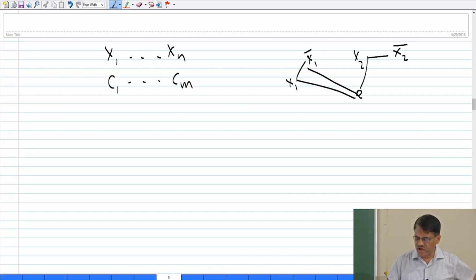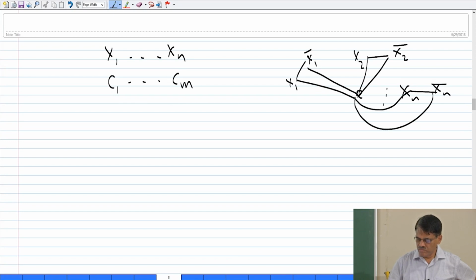These are vertices of the graph. To start with, just by looking at the variables, these are my vertices of the graph. Clearly, this is 3 colorable, right?